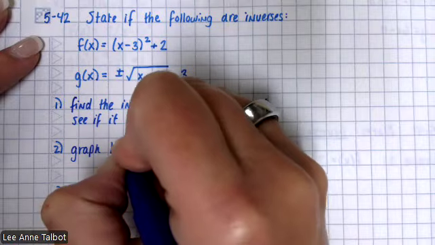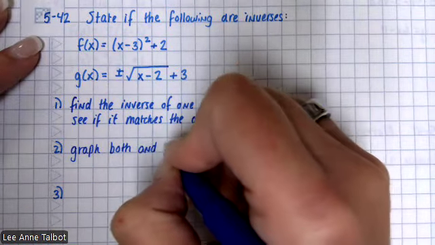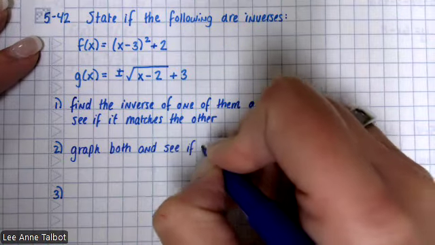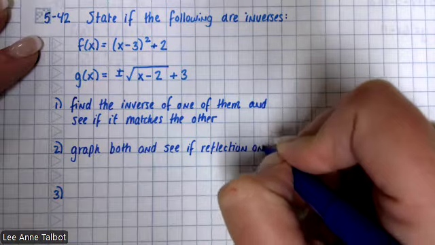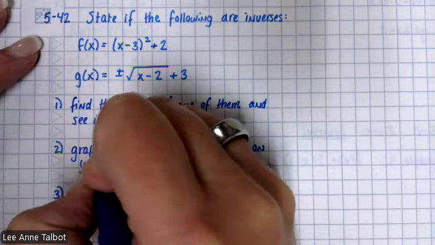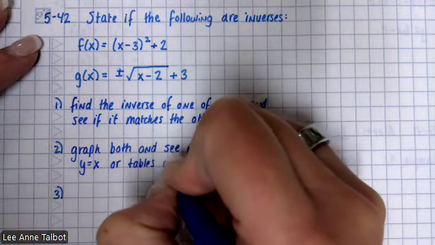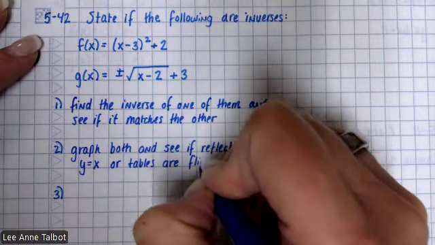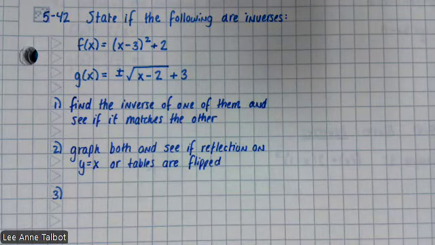Graph both. These are kind of cheat ways. Graph both of them and see if they're reflecting on the line y equals x.